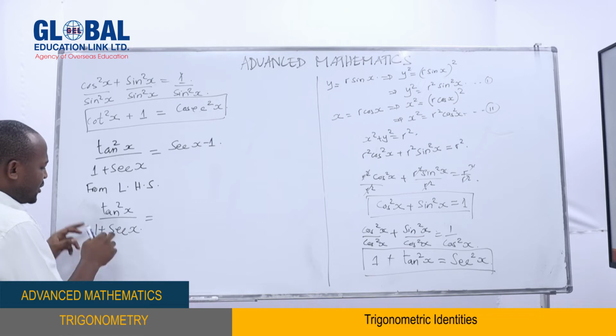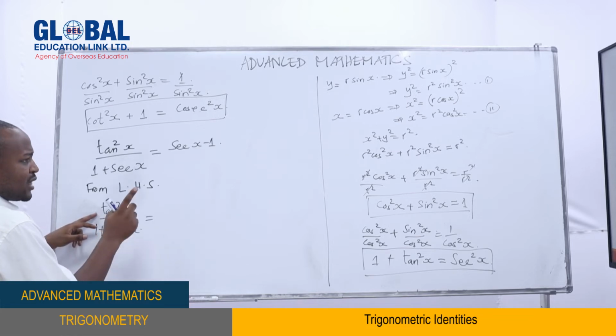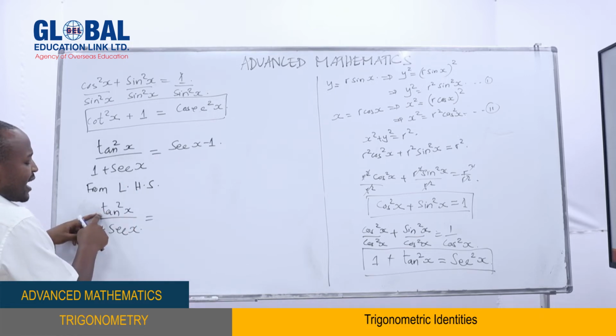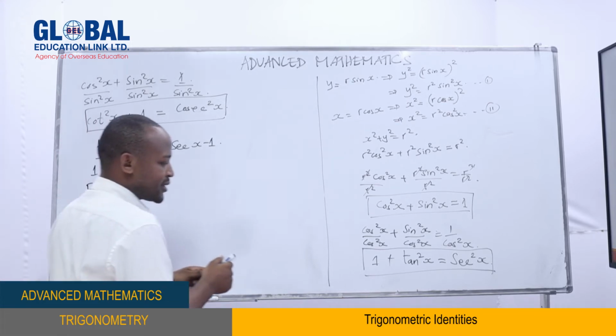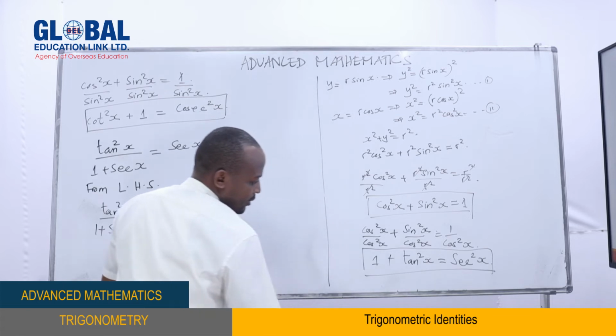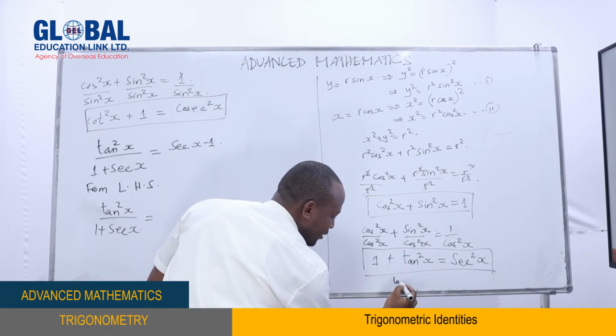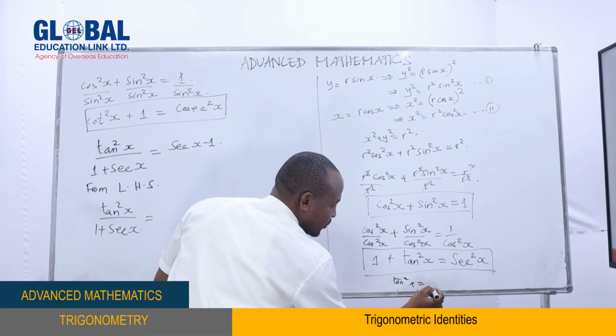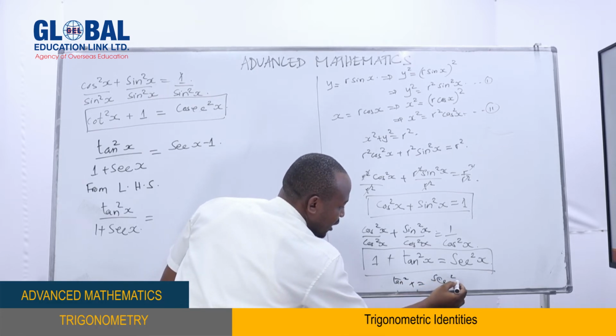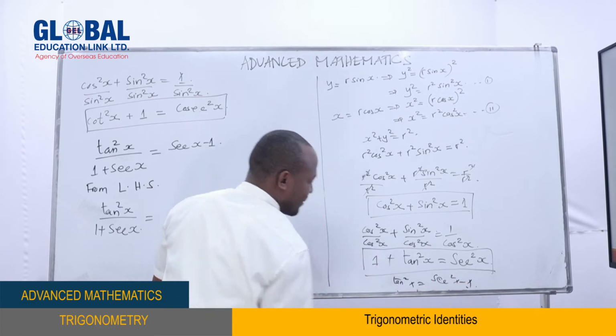Now, can we use that tan square? Because we know that from our identities we have an identity that has tan square in it. That means our tan square of x can be equal to what? We have tan square of x equals sec square of x minus 1.